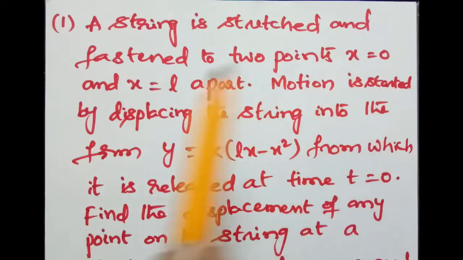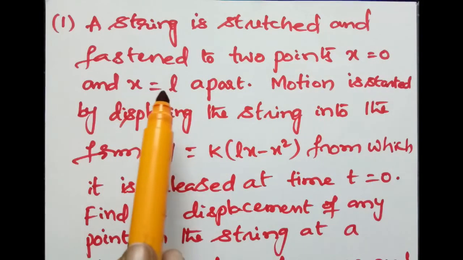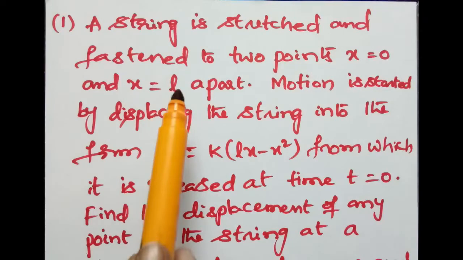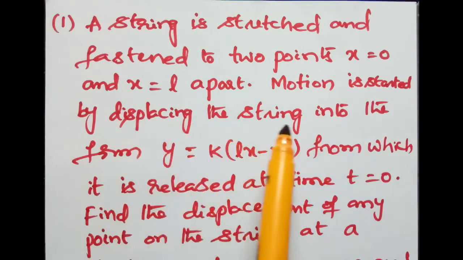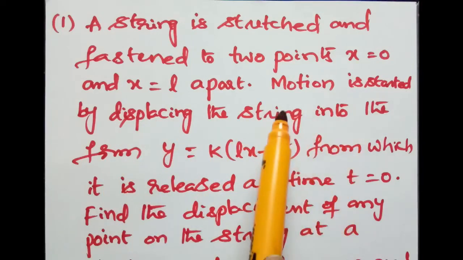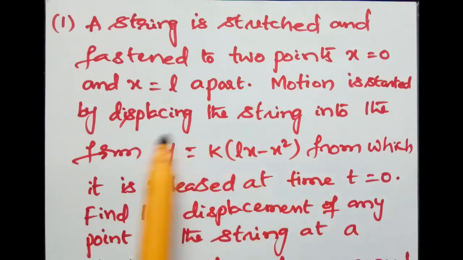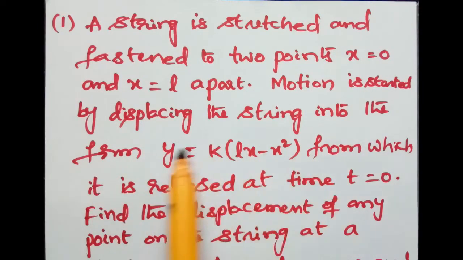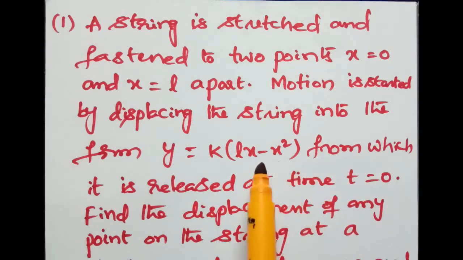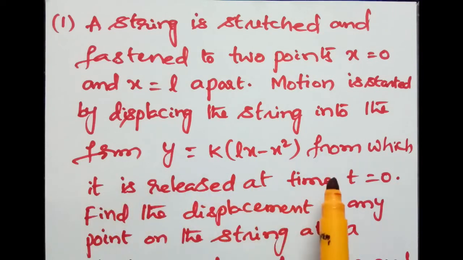One endpoint is x equal to 0 and another endpoint is x equal to L. Now, the string is displaced through a certain distance in the form y is equal to k into (Lx minus x square) from the equilibrium position, and then it is released from there at a time t equal to 0.